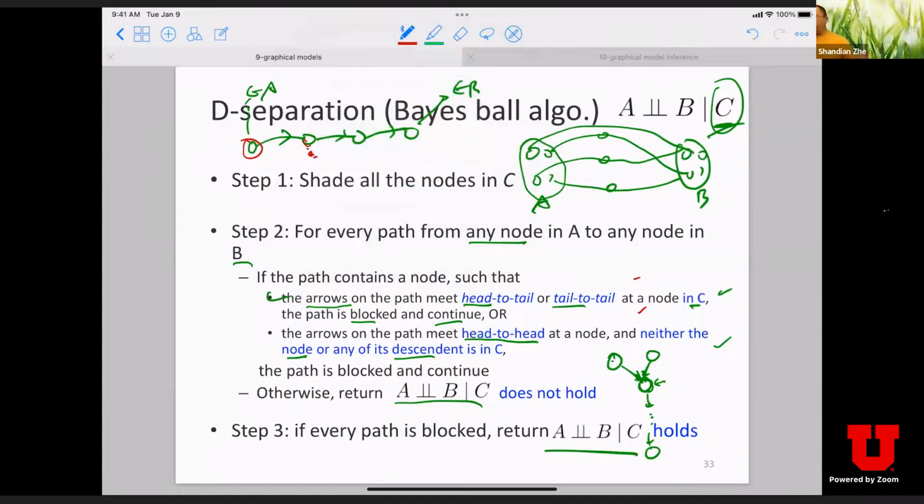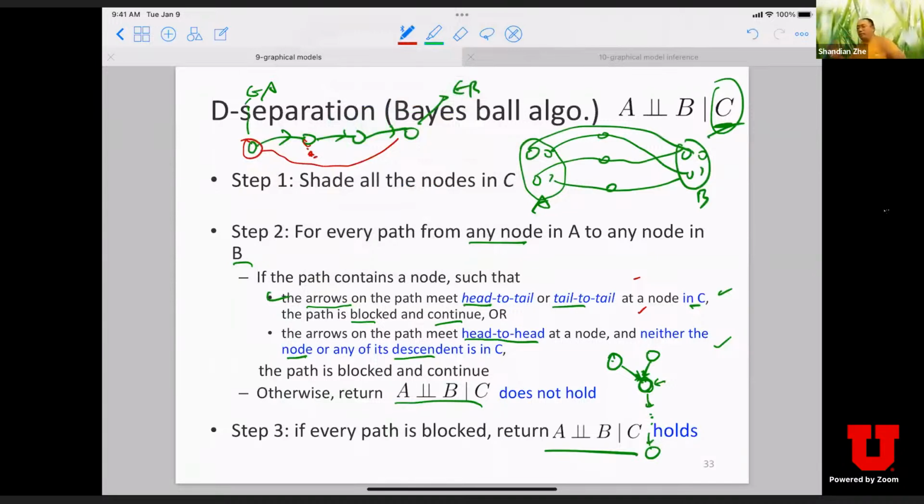Then you check another path and try to let your ball go through it. If it turns out every path is blocked, that means there won't be any path that allows you to move your small ball from a node in A to a node in B. That means set A and set B are conditionally independent. Does it make sense?